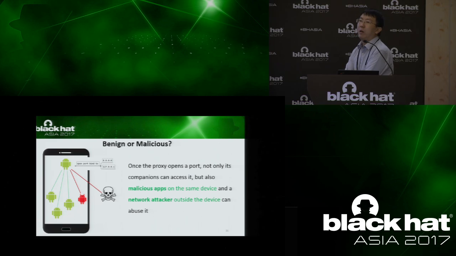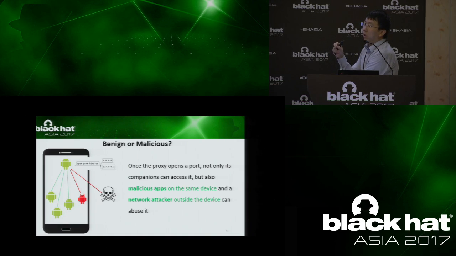So what will happen if we get such a wormhole vulnerability? Basically, this is a proxy, and it often opens ports on 0.0.0.0 and 127.0.0.1, basically the same device. If it opens such a port, the application on the same device can connect to it and invoke it.